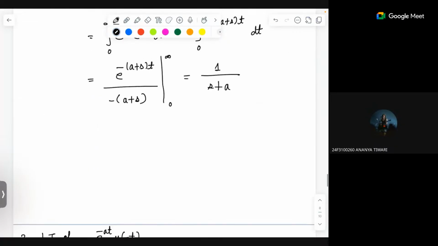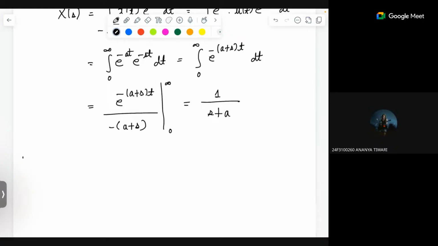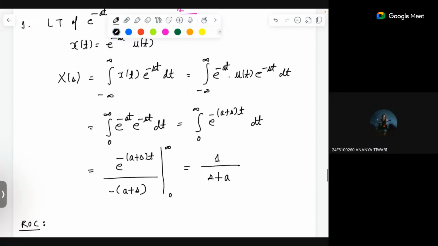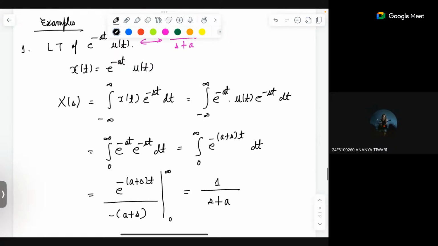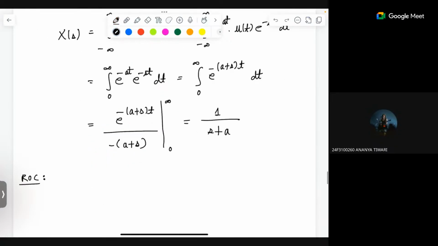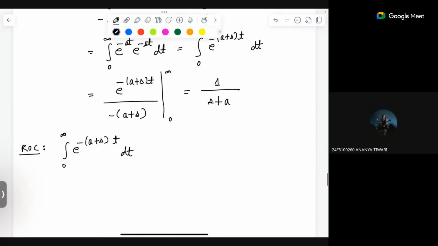So if we find the ROC of the first one, we had this integral. I will just write it down: 0 to infinity e raised to the power of minus (a plus s)t dt.